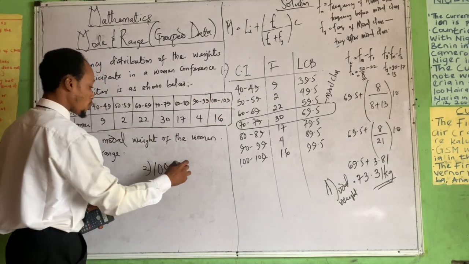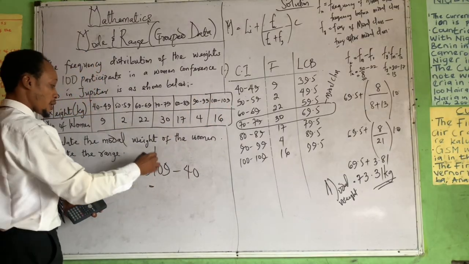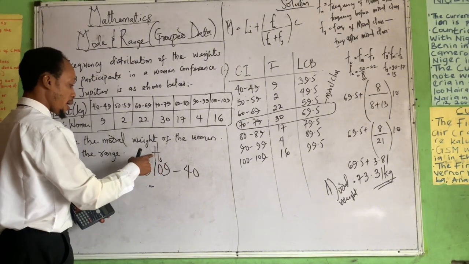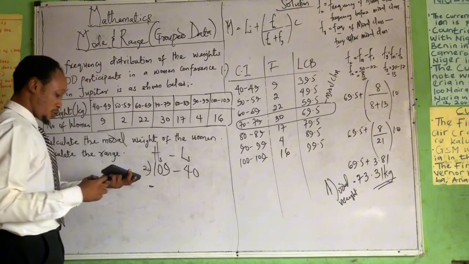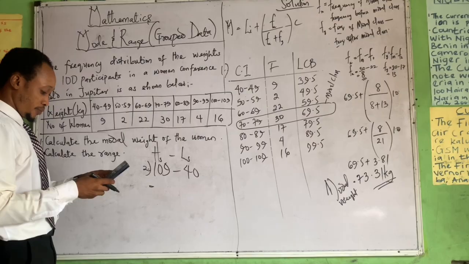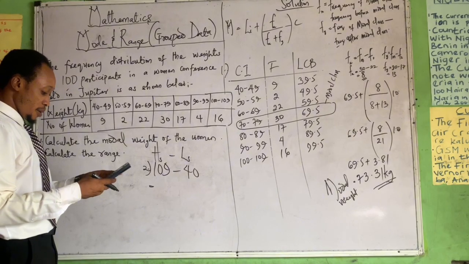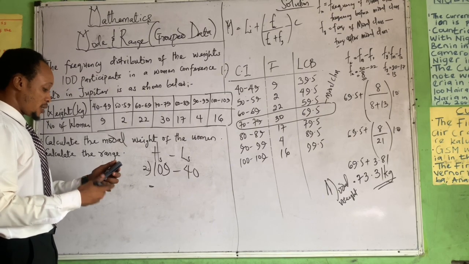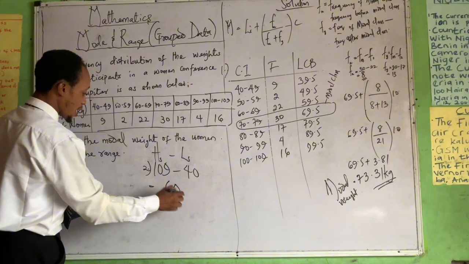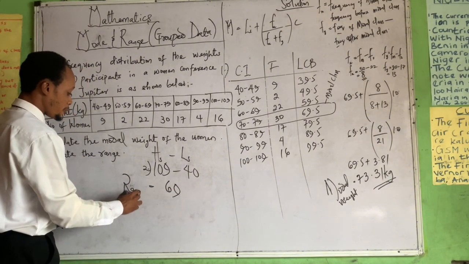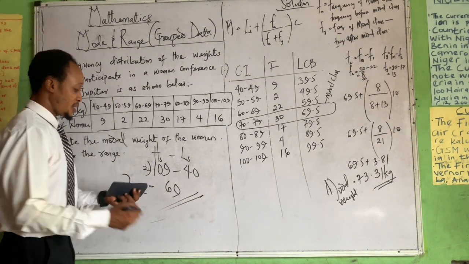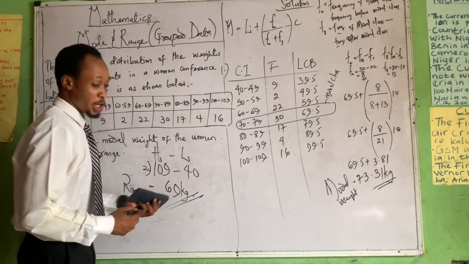So highest score minus lowest score is your range. So 109 minus 40 gives us 69. So our range for this data is 69 kg.